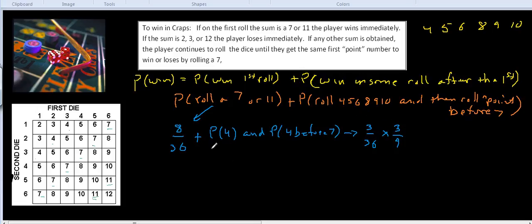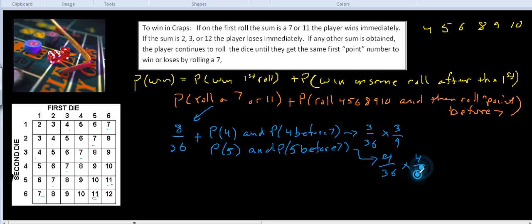And then likewise, if 5 is your point number, we want to look at the probability of getting a 5 and the probability of 5 before 7. This time we have 4 out of 36 times 4 out of 10.